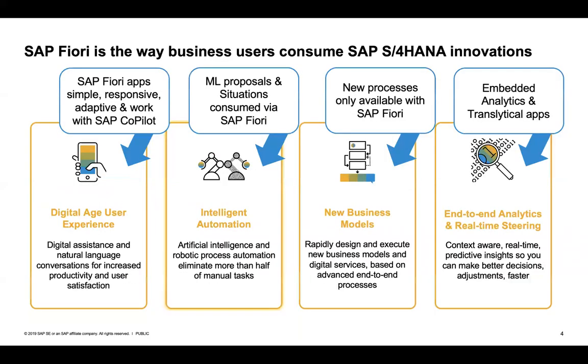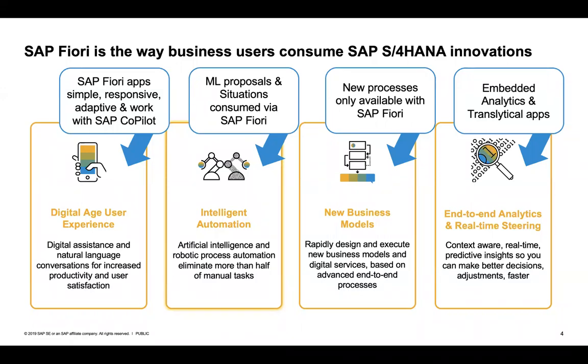Okay, so the easy answer, and the way I always put this, is that Fiori is the way business users consume S/4HANA innovations. What we mean by this is the idea of providing intelligent enterprise innovations, starting with the user experience.